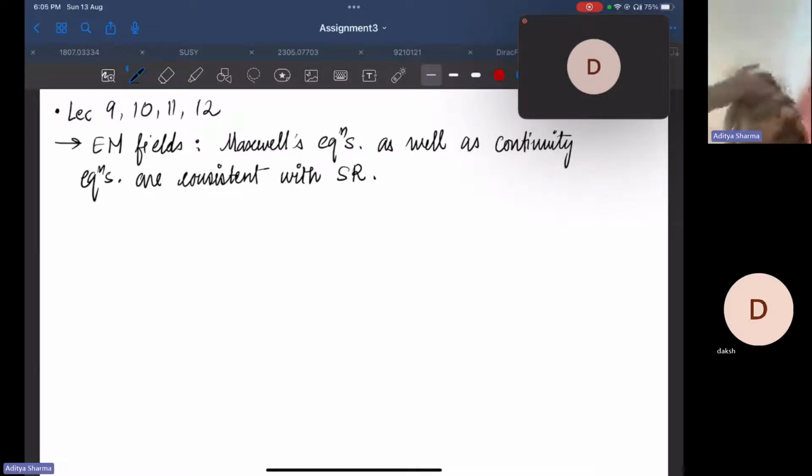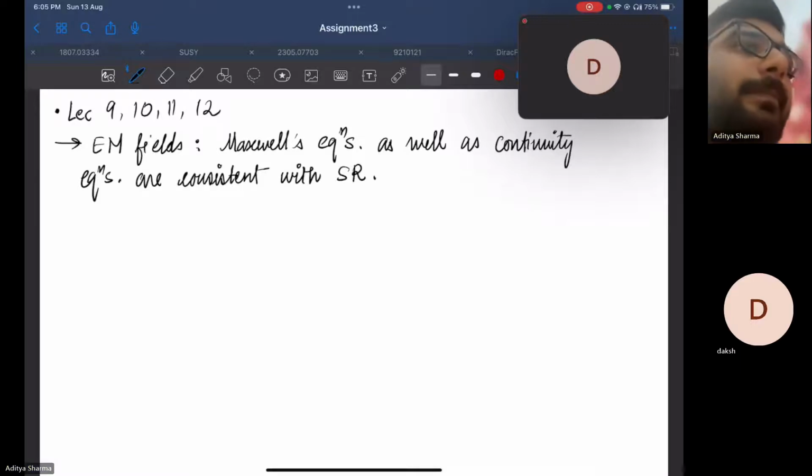What this means is that if you change the coordinates and the components of the four vectors, the form of the equation does not change. This is what we checked in lecture 9.